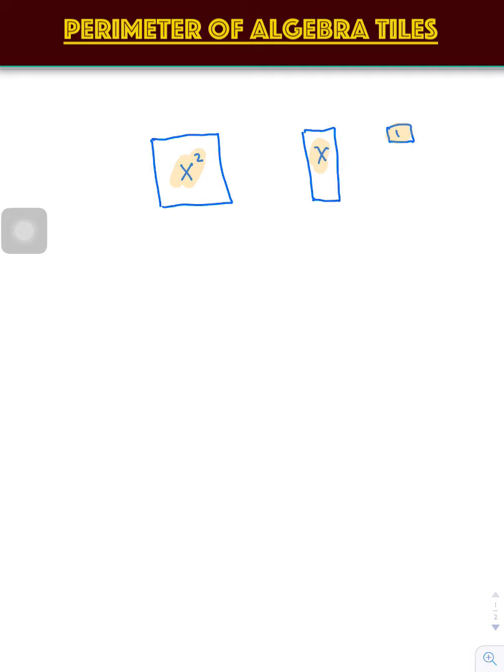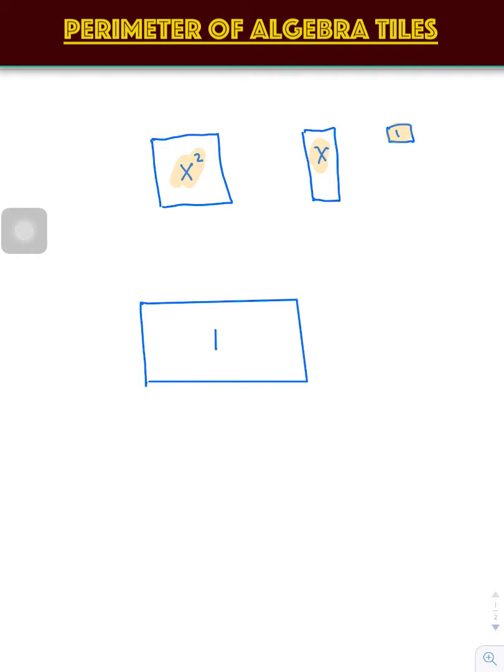Today we're going to get into the perimeter of these tiles, and to find the perimeter, just like we would with a regular rectangle, we would just add up the side lengths.